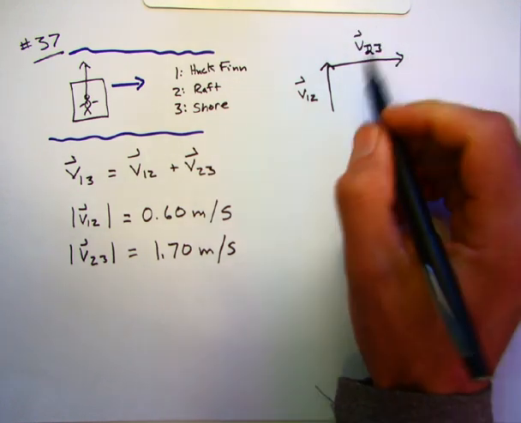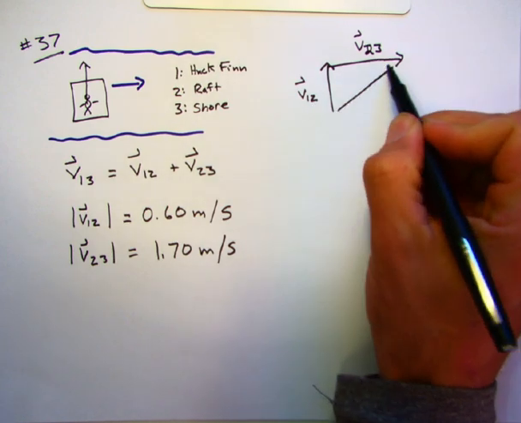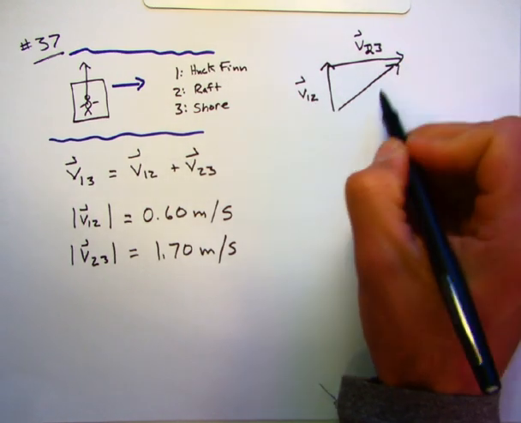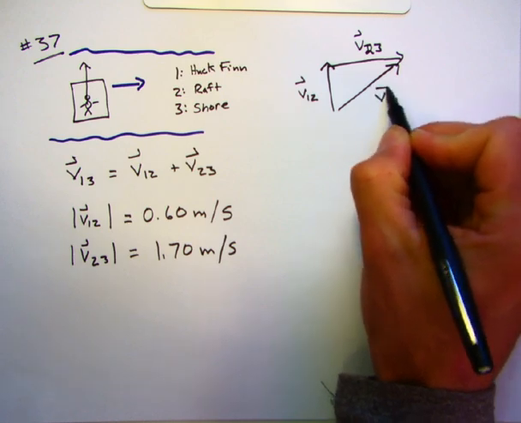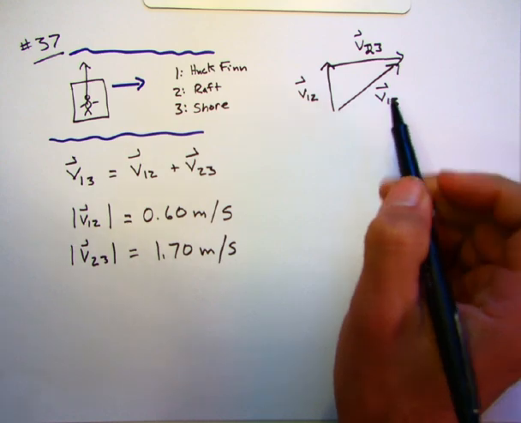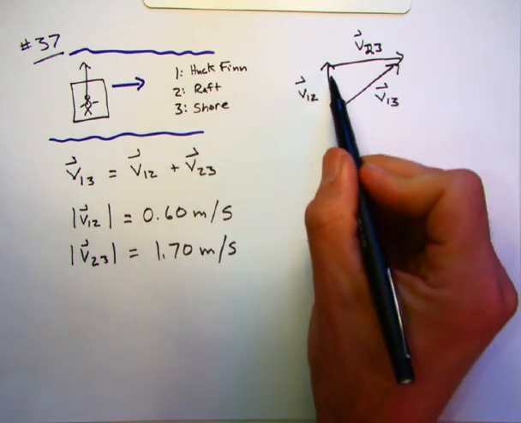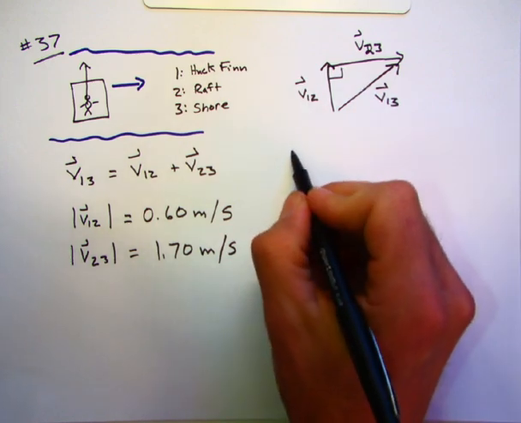So my resultant vector, v12 plus v23, looks like this. This would be v13. How am I going to find the magnitude of v13? Since this is perpendicular, I can assume this is a right angle.